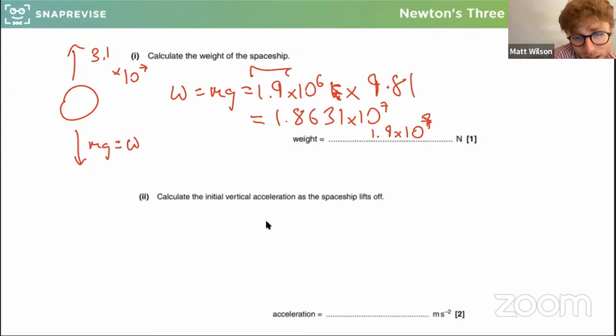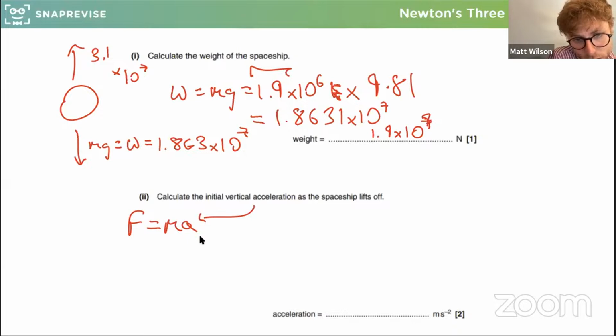Next question, calculate the initial vertical acceleration as the spaceship lifts off. Okay, so we have this object. It has 2 forces on it. It has the weight, which is 1.863 times 10 to the 7. That goes down. And we have this upwards force, 3.1 times 10 to the 7. Remember, we have F equals ma, which will relate these forces to the acceleration.